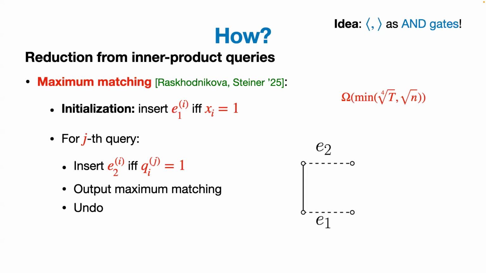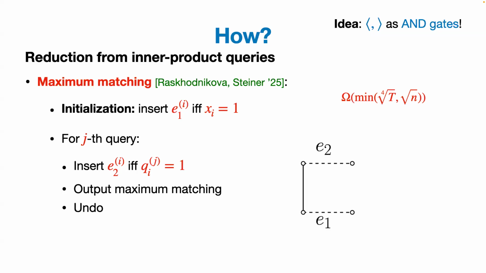So first assume that D is equal to 1. So we have only one private bit and one query bit for each one of the queries. Let's think about this graph over there. For the four vertices, we always add that vertical edge over there.